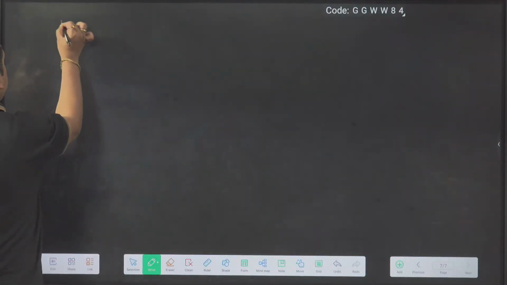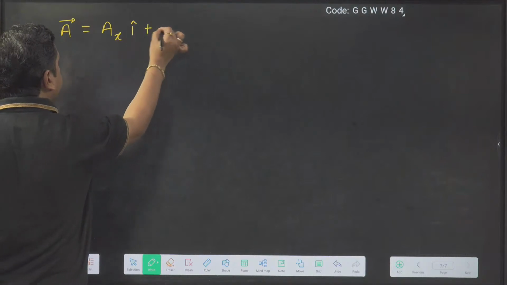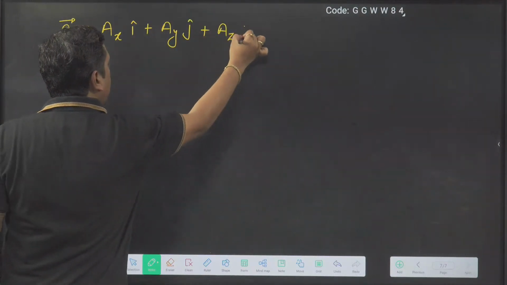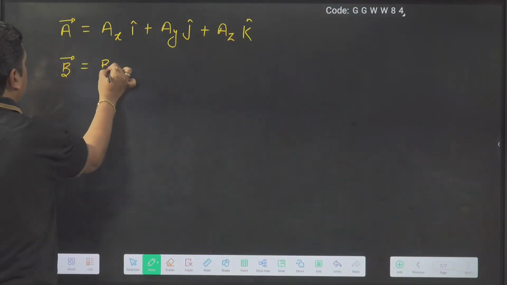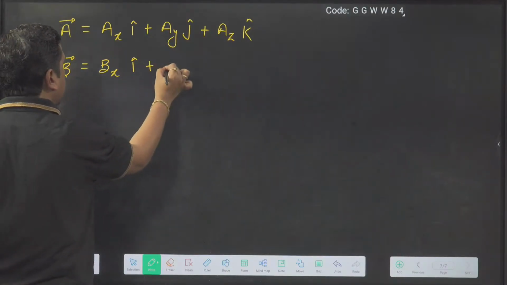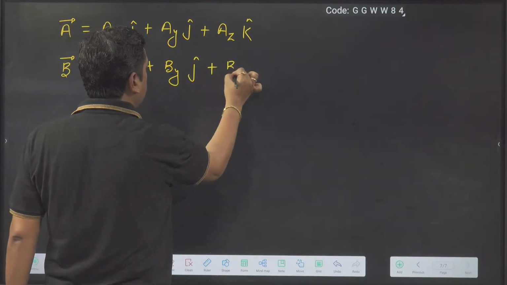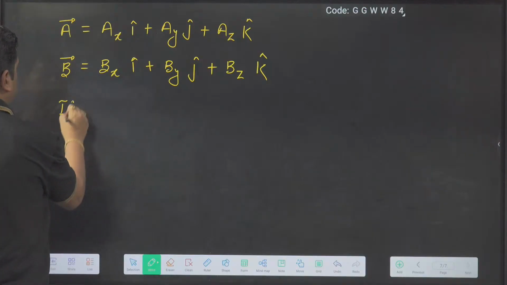If I say there is one vector, a vector whose x component is ax, y component ay, z component az, and b vector whose x component is bx, y component is by, z component is bz.